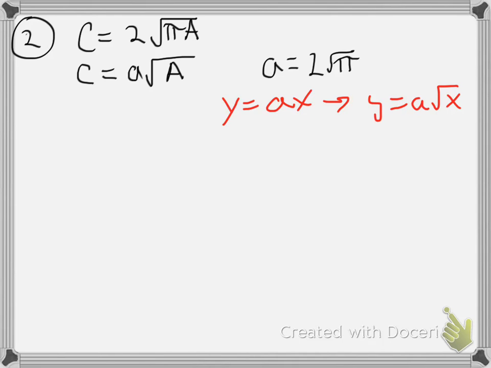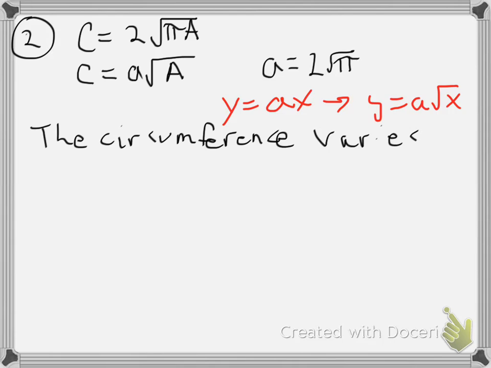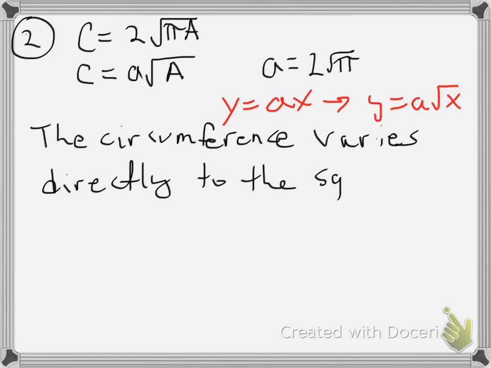So I'm going to say the circumference varies directly, or you could say is directly proportional, to the, now this is key, it's not just directly proportional to a, it's directly proportional to the square root of the area.